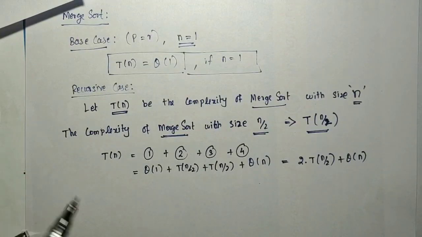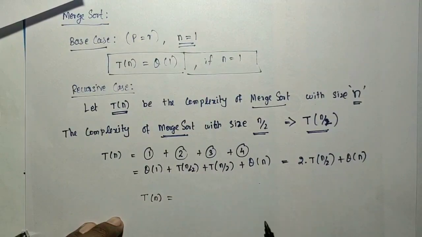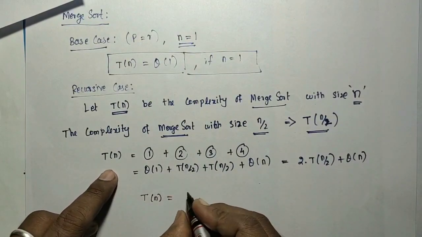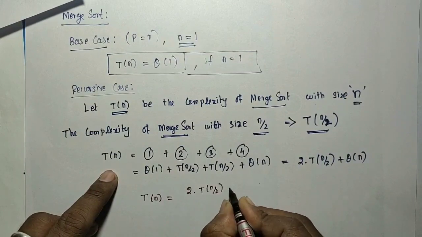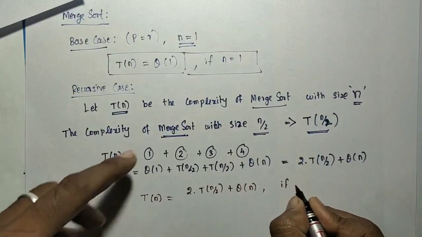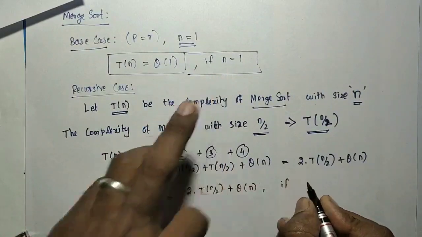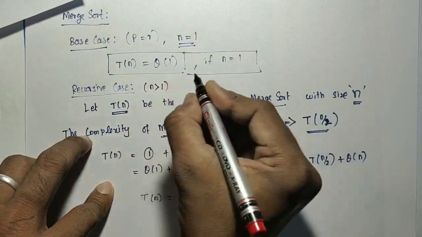So now T of N is equal to 2 into T of N by 2 plus theta of N, if this is the recursive case. Recursive case means N is greater than 1.